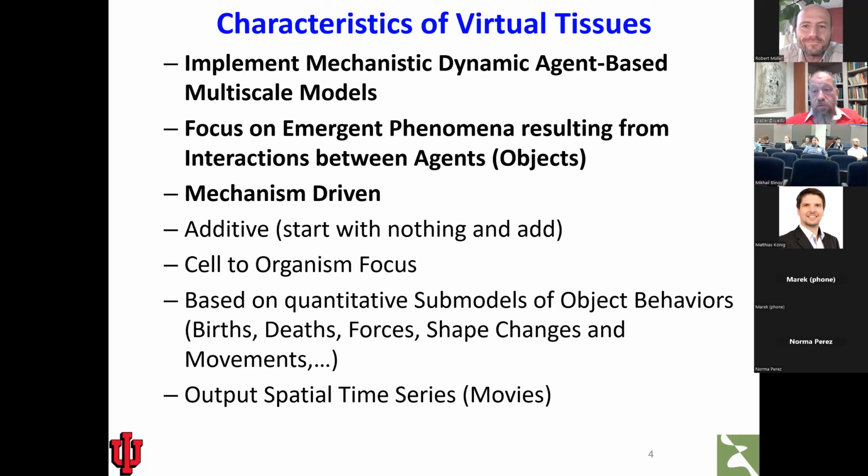We typically are moving from cell to organism level, although certainly these modeling approaches can be used to model what's going on inside of individual cells. And they're based on quantitative submodels of object behaviors, in particular, what cells do, what other components do. Their outputs are typically movies, and that differs from a network model where you typically have time series of scalar values.